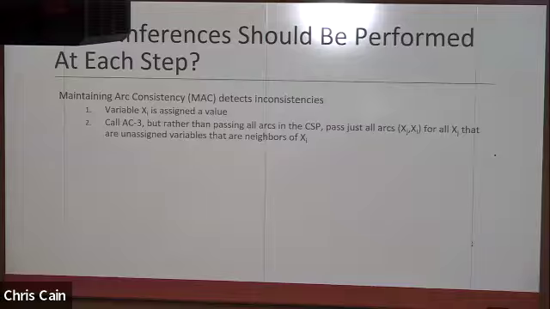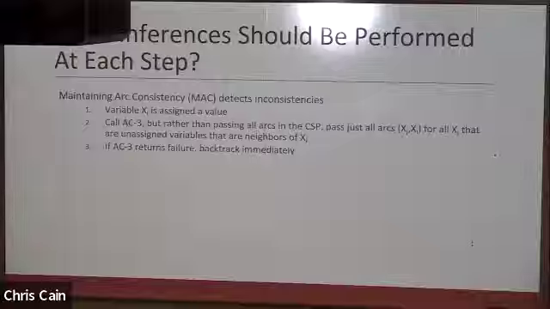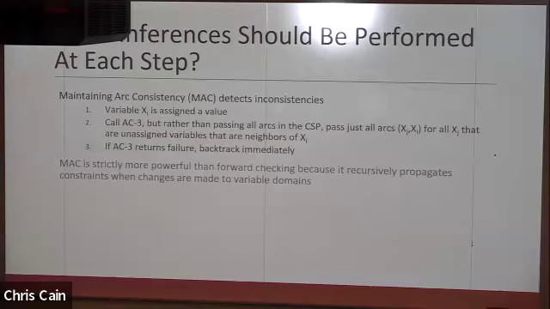So instead of considering every possible arc, just the neighbors of the cell that was assigned. If we return failure, then we backtrack immediately. There's no reason to continue exploring that space. And this is better than forward checking. It recursively propagates back constraints when we make changes to domains. Makes sense.